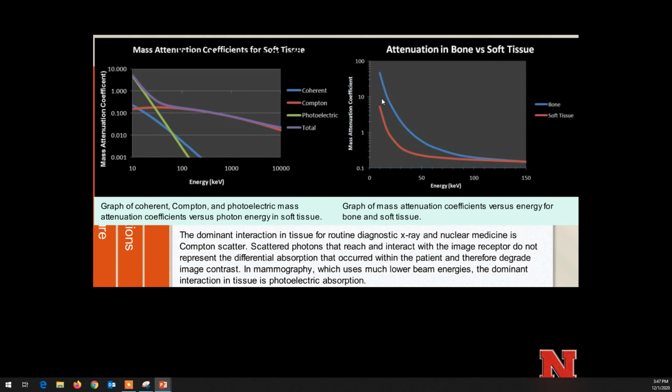It's much more pronounced from the 0 to 50 range than 50 to 100, and once you get above 100 keV, it really doesn't matter the difference between bone and soft tissue. The photons are so energetic, they're really not going to be attenuated much at all. So above these energies, it's kind of pointless to use them for many diagnostic imaging applications because they're all just going to go straight through without getting attenuated. And without differences in attenuation, we don't have an X-ray or a CT.